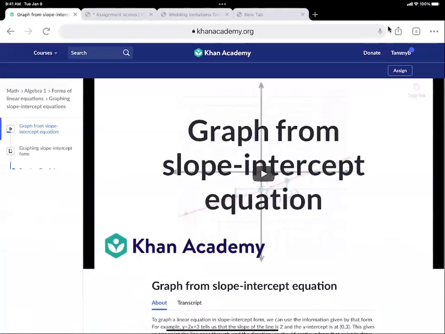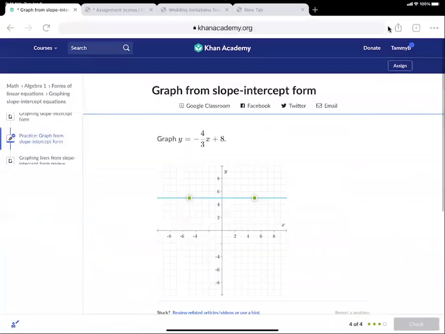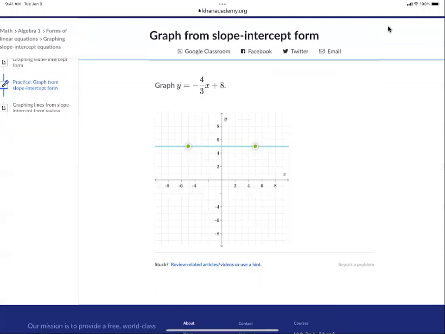All right, when you are graphing slope intercept form from an equation, Khan Academy gives you a couple of points that you need to start dragging around. Austin, up off the wall, please. Khan Academy gives you some points, and when you pick them up, you can just move them wherever you want. So you always begin with your B, right?